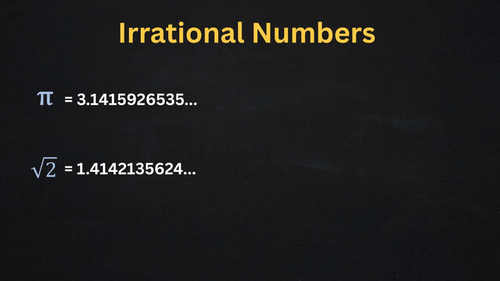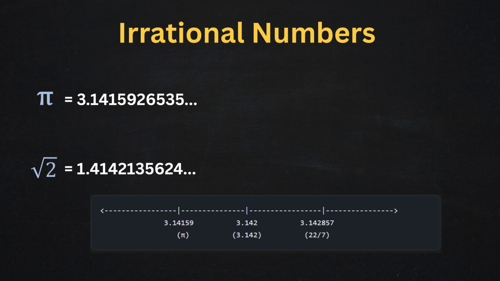Here again you may ask why 22 by 7 or 3.142 are used as the value of pi. If we look at 3.142, pi and 22 by 7 on a number line, then these are all different numbers, but since 3.142 and 22 by 7 are so close to the value of pi, for ease of calculation many books refer to pi as 3.142 or 22 by 7 while doing any sort of numericals.